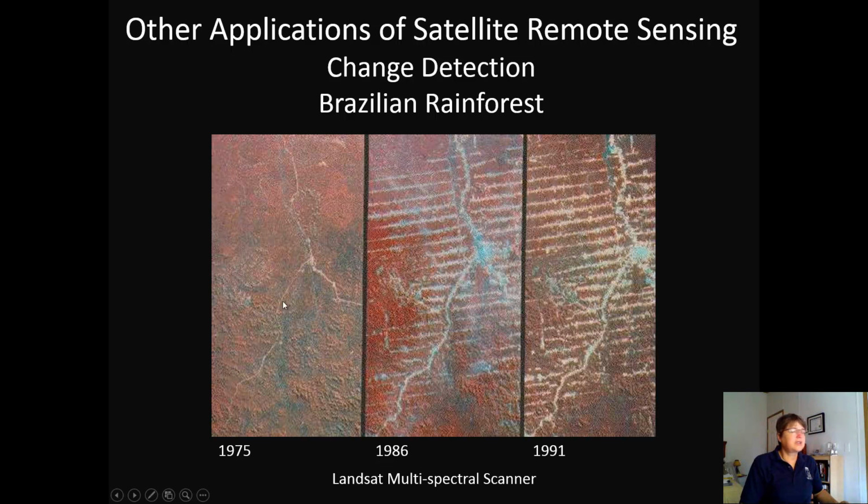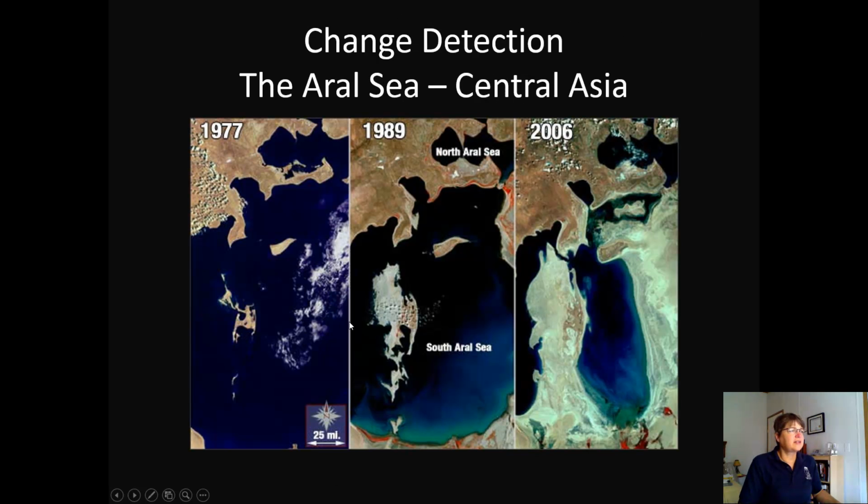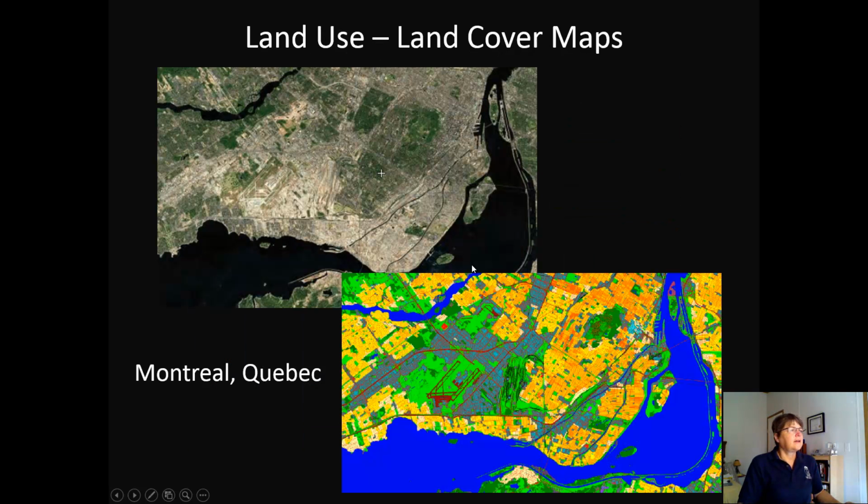You can do some change detection, see what's going on in the Brazilian forest. This is 1975 in Brazil to 1991. This is the Aral Sea in Central Asia, 1977 to 2006. You can see it drying up. And we can also find out what land is being used for.